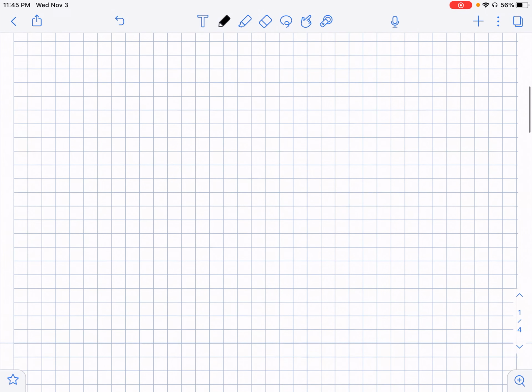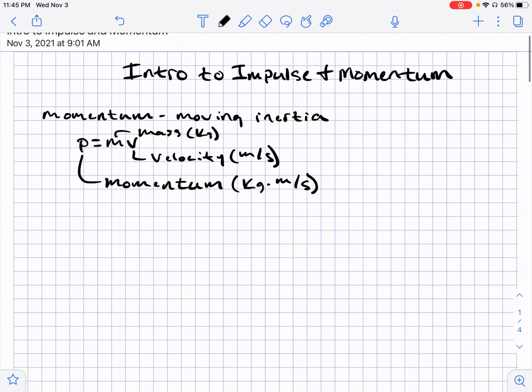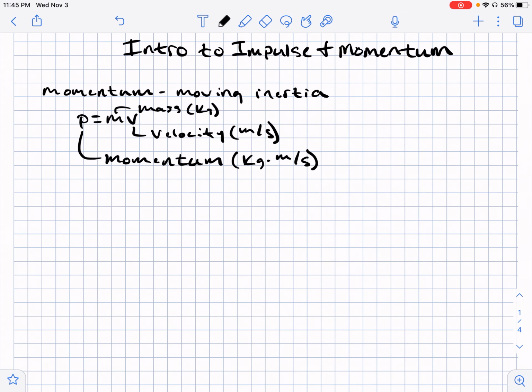All right, so let's go back up here. And if you remember last unit, we started talking about a system, right? We brought in a system into some of our problems. And remember, the system was just a collection of objects. So on that last problem, my system was two objects.